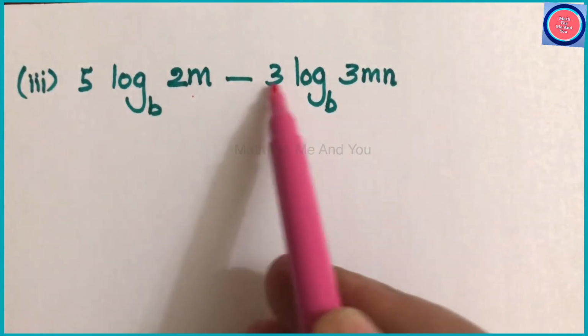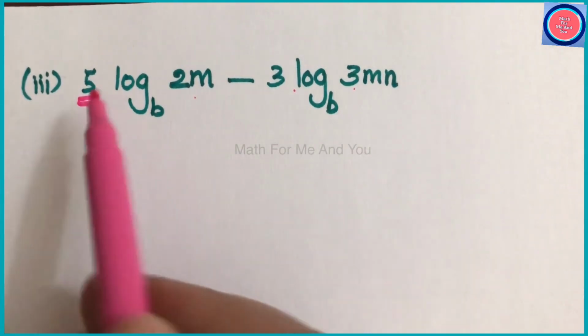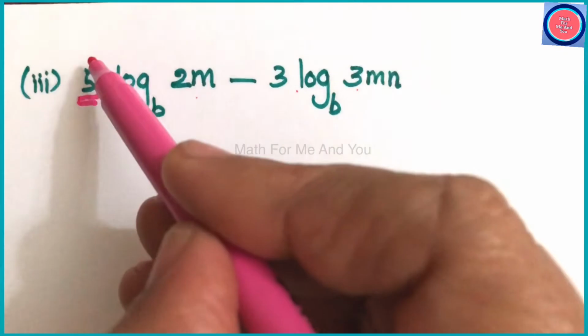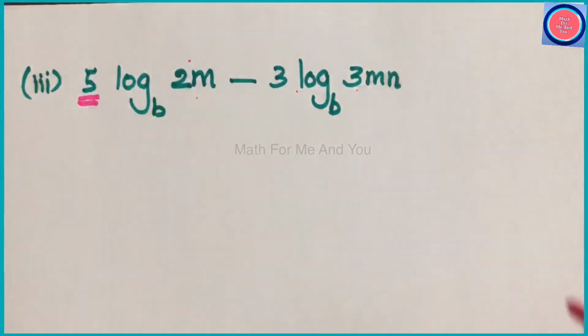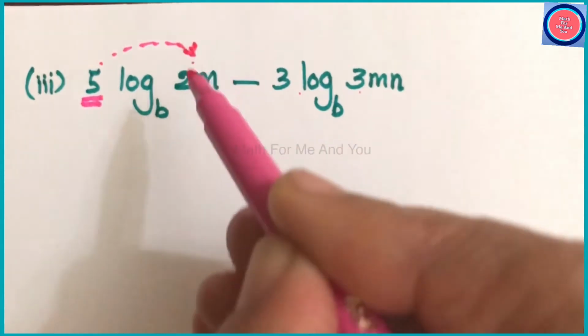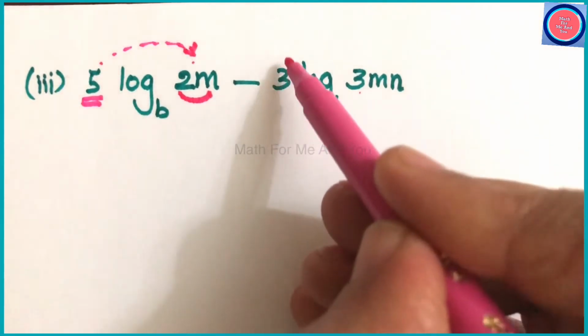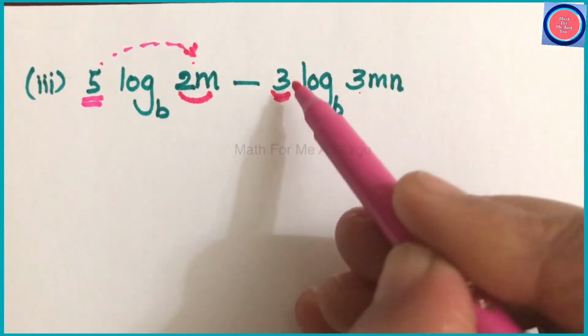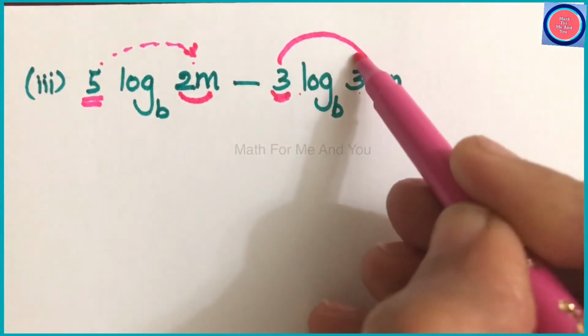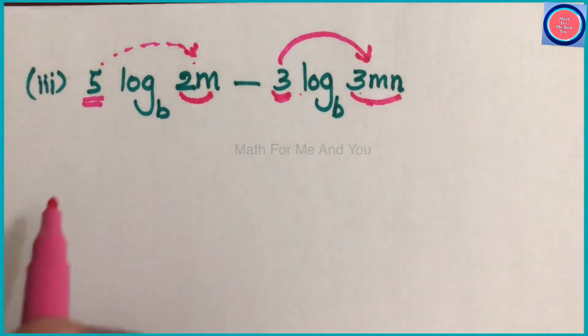Next, 5 log 2m to the base b minus 3 log 3mn to the base b. You can see a number in the beginning, that is 5 in the first term. We can move it to the power position. 5 we will move as the power of 2m. Also the second term, the number in the beginning is 3. We can do the same step. 3 we will move and keep it as the power for 3mn.